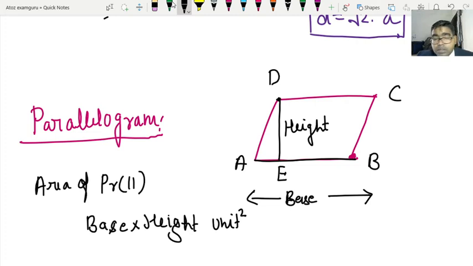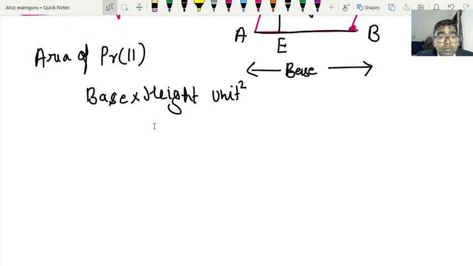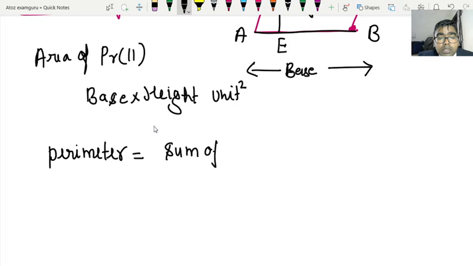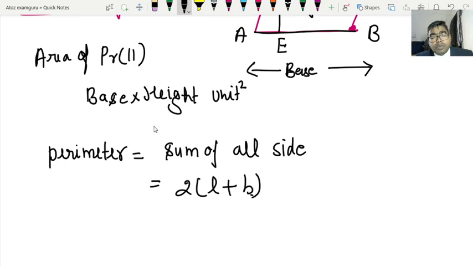And the perimeter of this will be the sum of all sides. It means simply twice of the sum of adjacent sides, right friends?